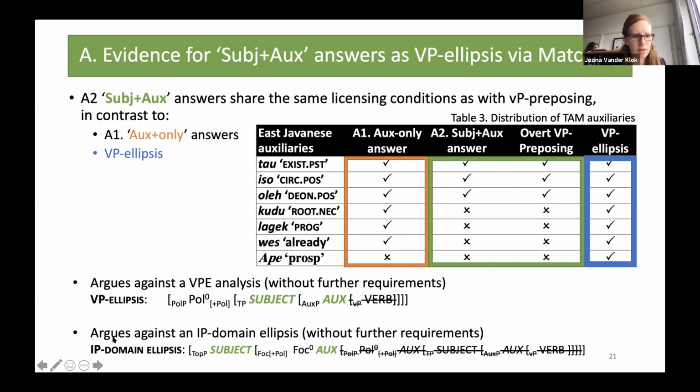And then it also argues against an IP domain ellipsis analysis, again, without further requirements saying why at least kutulake and wis are ungrammatical in this domain.